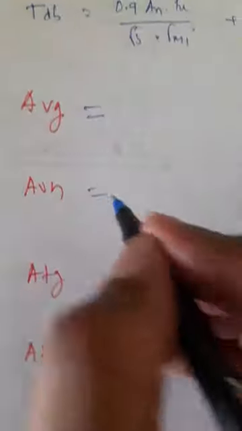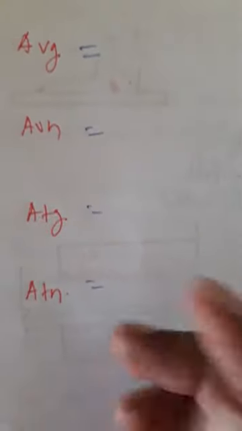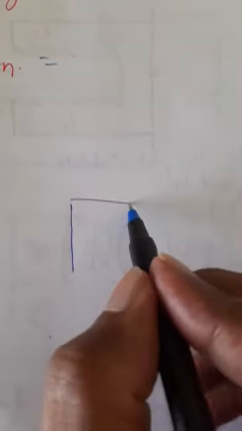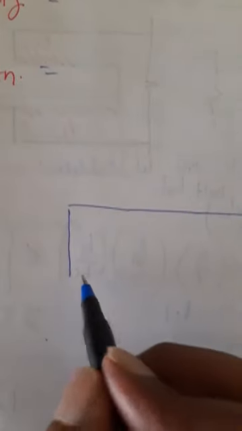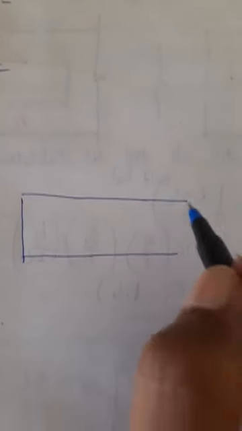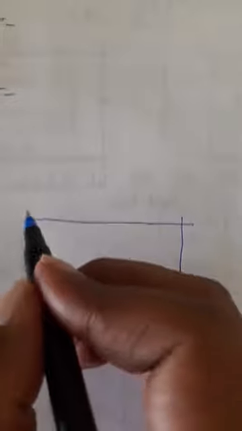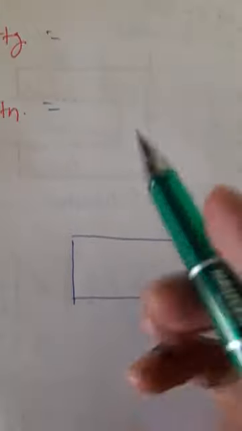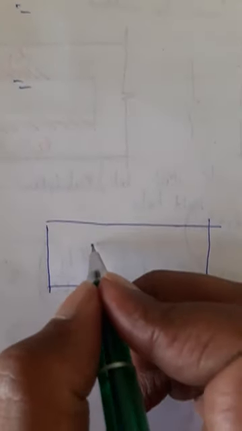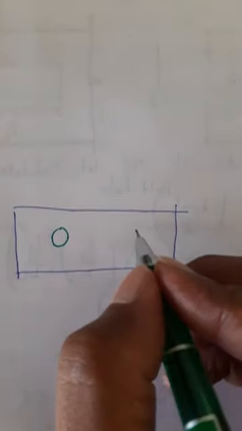Before going into these terms, let us try to understand what we mean by net and gross. Let us consider one section. Say this is a rectangular section, and here there are two bolt holes.